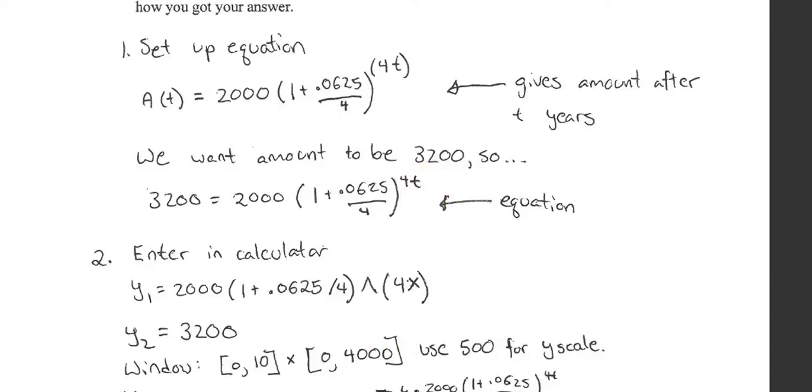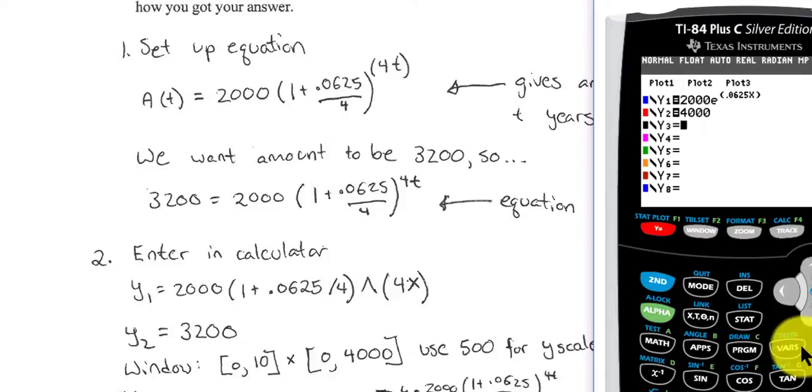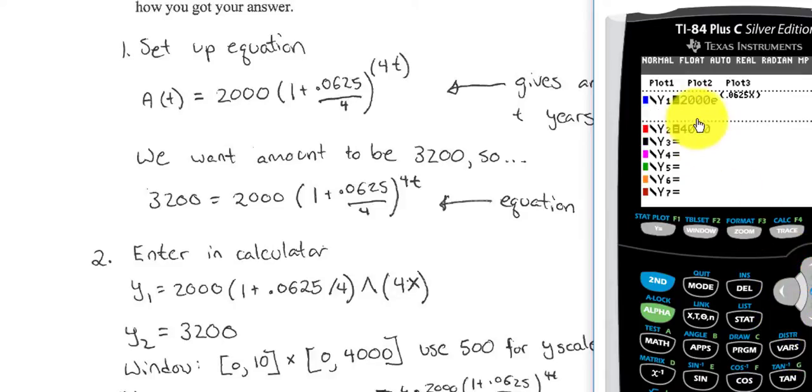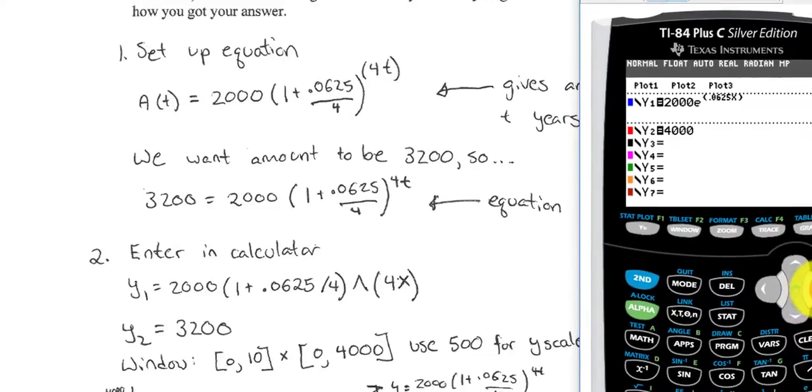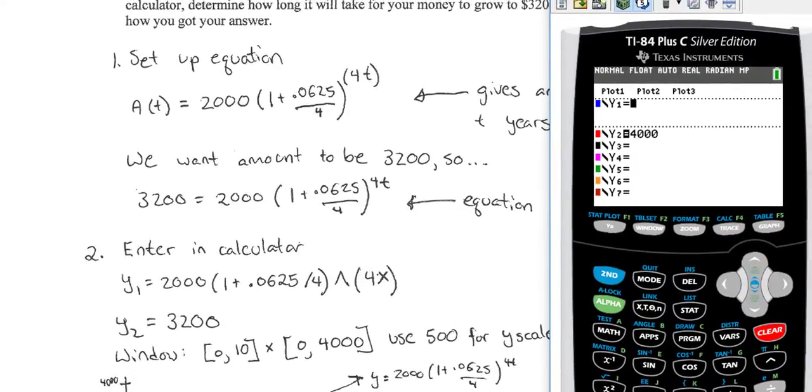So on my calculator, I would enter, instead of Y1, using the continuous formula, let's clear this out. And I'm going to put in my 2,000, and it's 1 plus 0.0625 divided by 4.